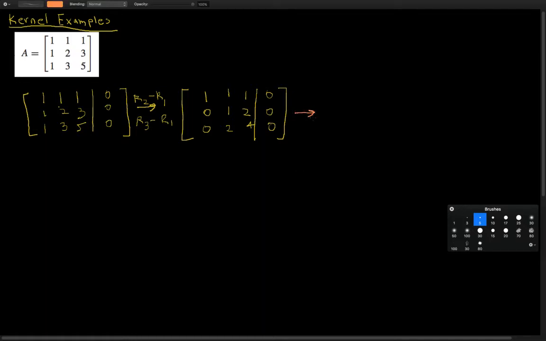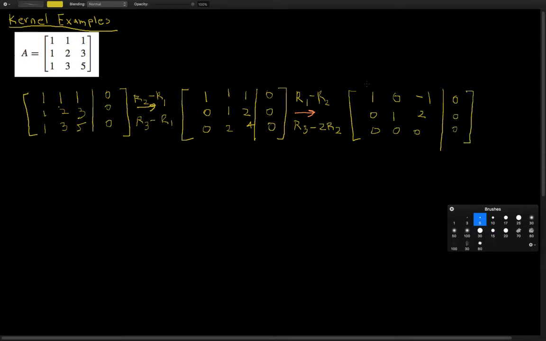So next we're going to do, let's say, R1 minus R2 and R3 minus 2R2, and what we're going to be left with is 1, 0, negative 1, 0, with 0, 1, 2, 0, 0, 0, 0, 0.